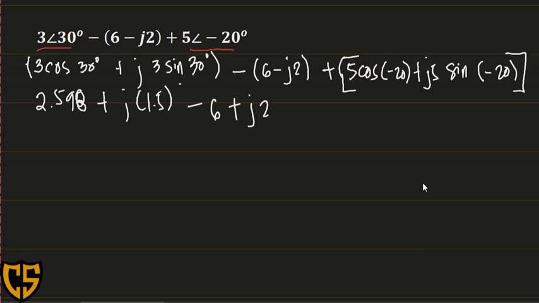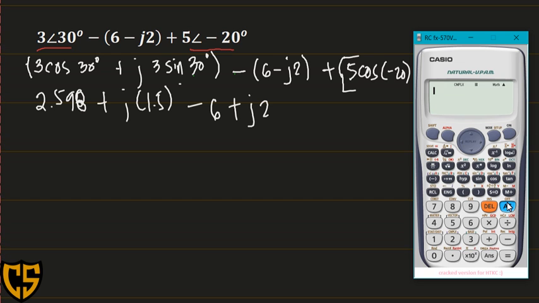So now we have 5 cosine negative 20. So this is 4.698.